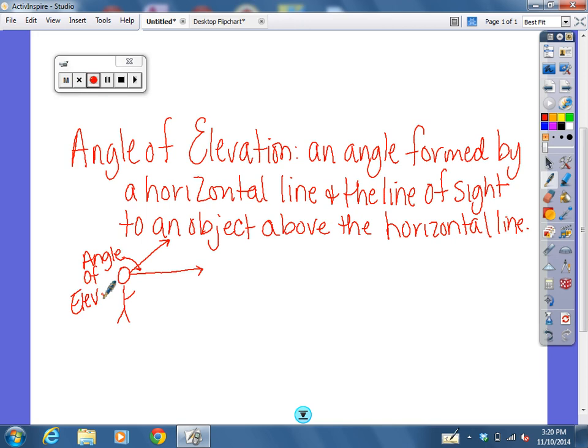Now there's something called an angle of depression, and it's just the opposite. Once again, that's an angle formed by a horizontal line and the line of sight to an object below the horizontal line. So this is an angle of depression.